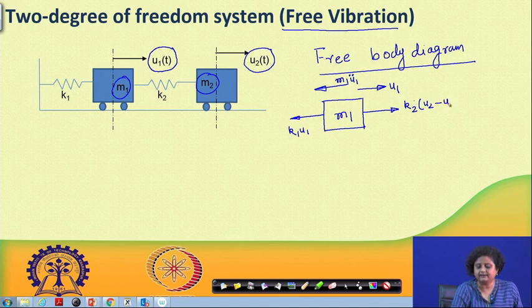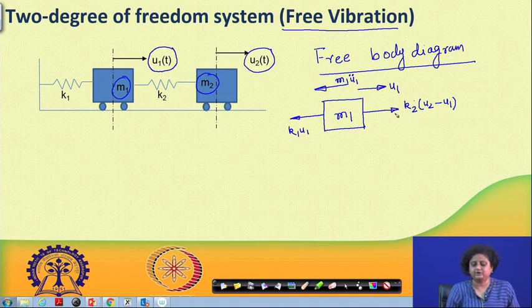Since I have taken u2 minus u1, I have the spring force in this direction. So, this is for mass 1.